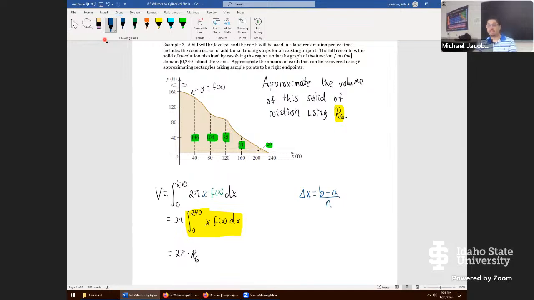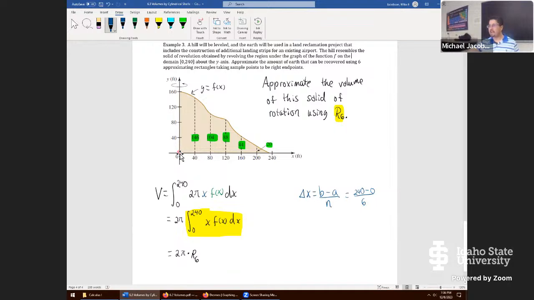In this problem, we're using a finite number, so n turns into 6. In the numerator, you can use the integration or the diagram. The upper limit b is 240. And the lower limit is a, which is 0, or the 0 up here from the diagram. So delta x is 240 divided by 6.